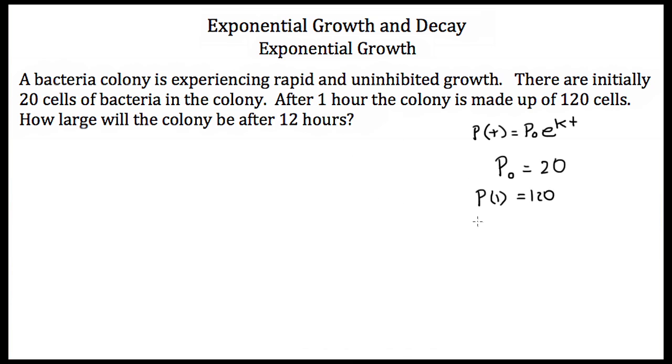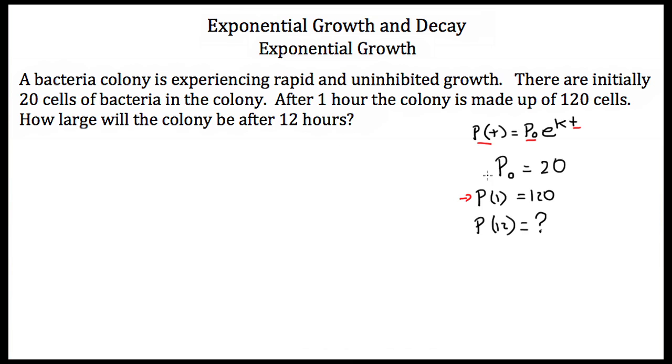And we're asked to find the population after 12 hours. Well, let's use this information, because if I plug this in, I'll have both this and that, and our P naught, and all I need is k then, or I can solve for k then.